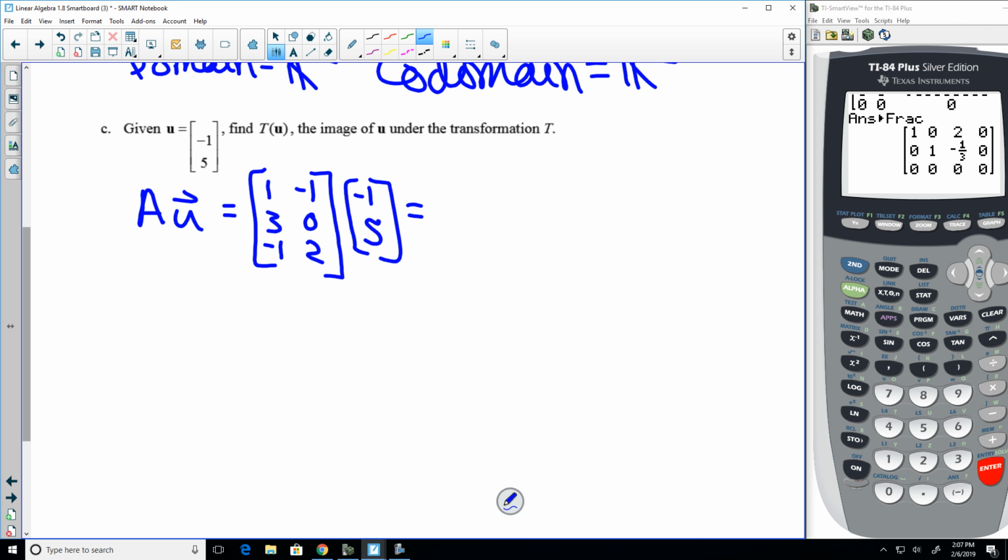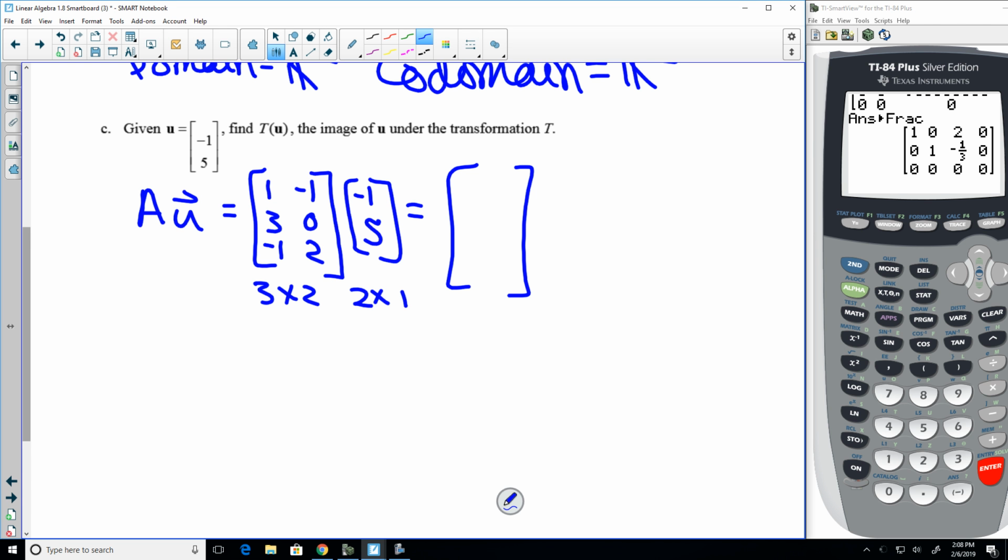So let's just check. A 3 by 2 matrix times a 2 by 1 vector, I'm going to get a 3 by 1 result. That's the R3 vector. Let's do the dot products because I like that better than the other way.